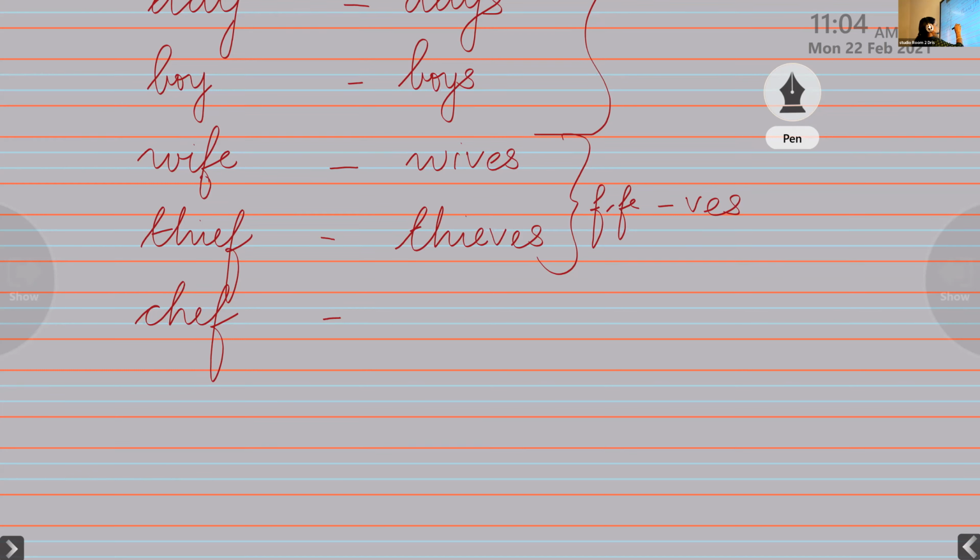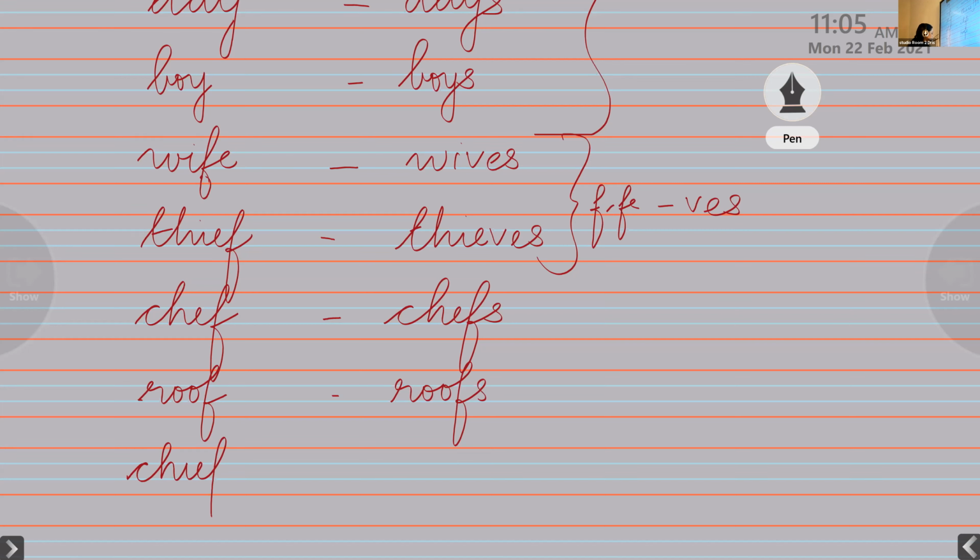Those words are chef, that is chefs. Just add S at the end of the word. Roof, it is roofs. Then chief, CHIEF, it is chiefs. Okay. So learn up these words.